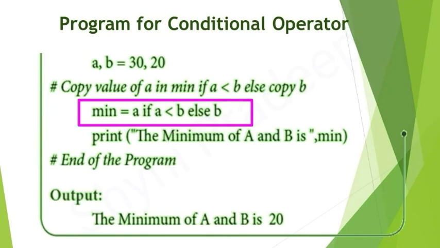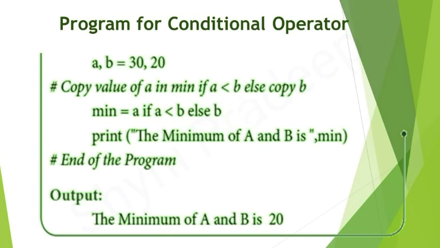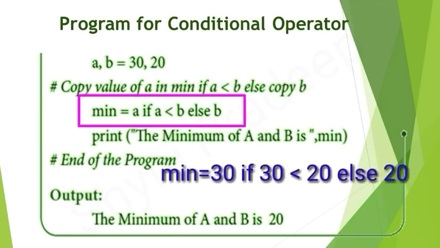The output is the value of the min variable. What is the value? min = a, which is 30, if a < b, 30 is less than b, which is 20, else b, 20.